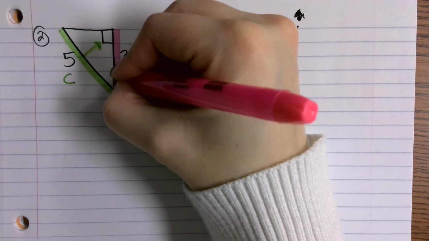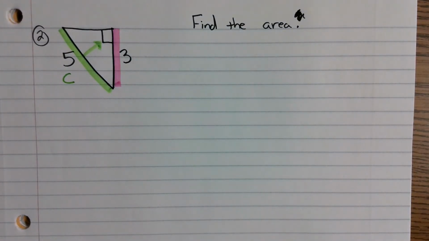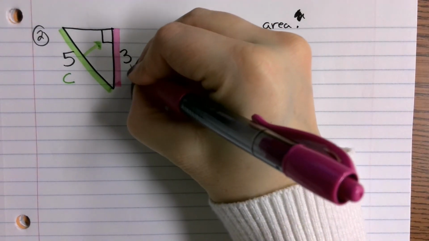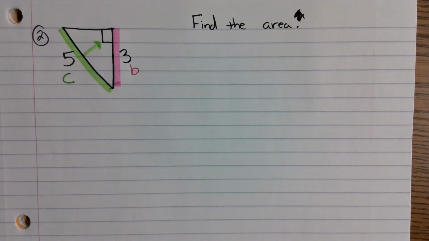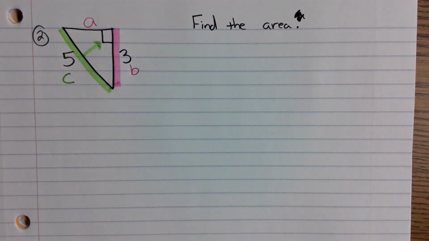Does it matter if I label it A or B? No, it doesn't matter. Typically, personally, if I have the hypotenuse, I like to label the leg B, just because it keeps it in a nice order when I'm doing my equation, and the missing one would be A. That's just my preference.